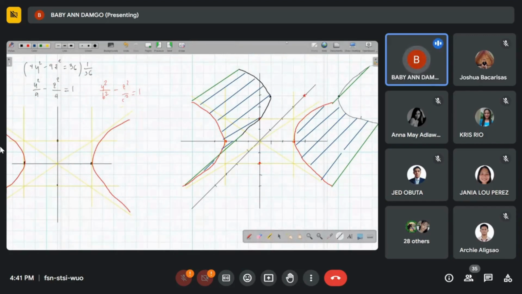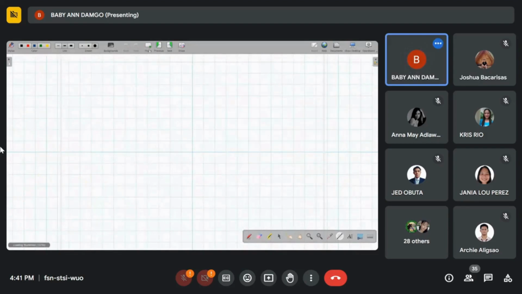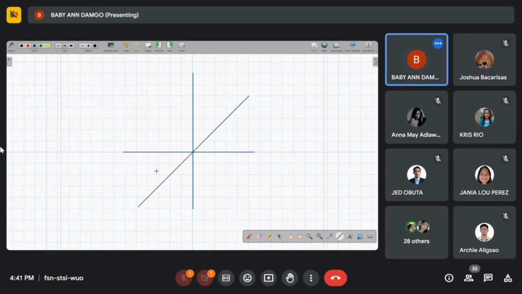So same is sa atong gihimo katong circle. So, for example, okay? And then we form a circle. Okay, like this. So, this is not x squared.